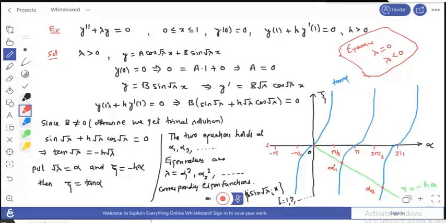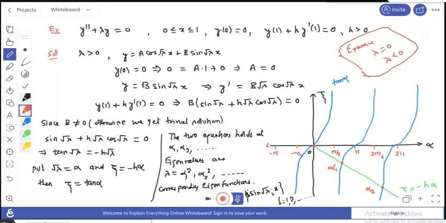Here we only solved for lambda greater than 0. For lambda equals 0, what happens? And for lambda less than 0, what happens? If you are able to find a non-trivial solution, just tell what the solution is. And if you are not able to find a non-trivial solution, then the only result for this boundary value problem is the trivial one. Okay, so this is another type of boundary value problem.